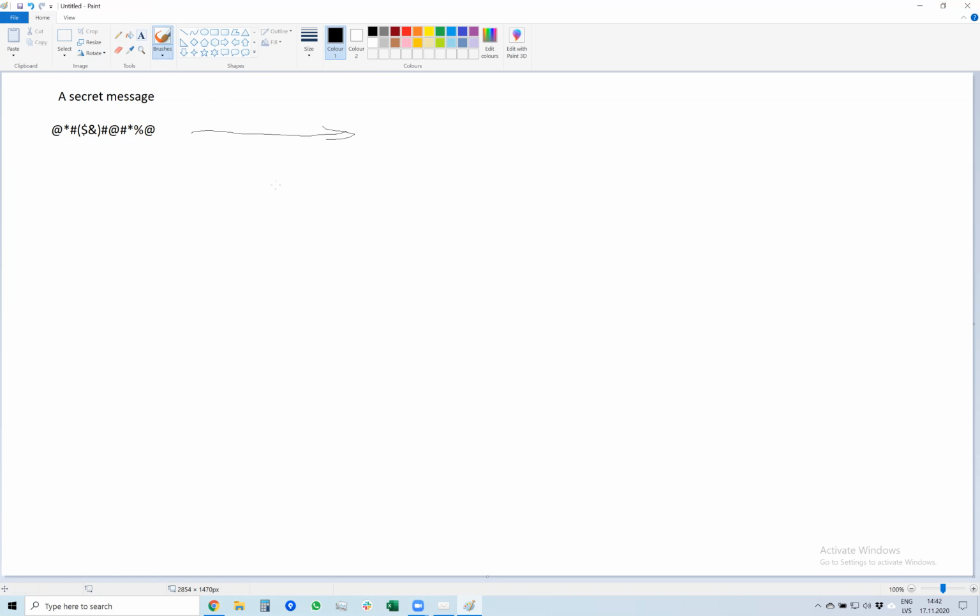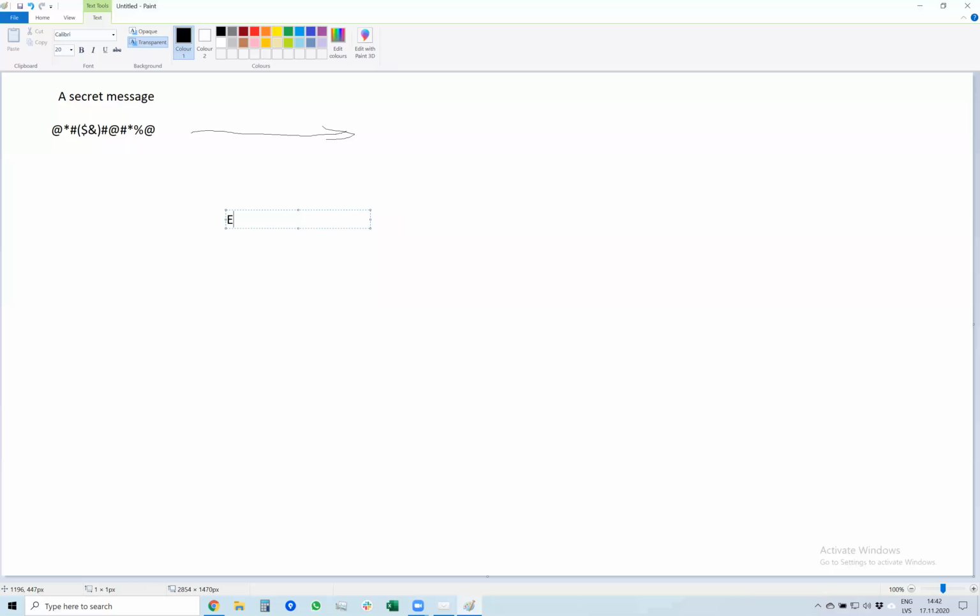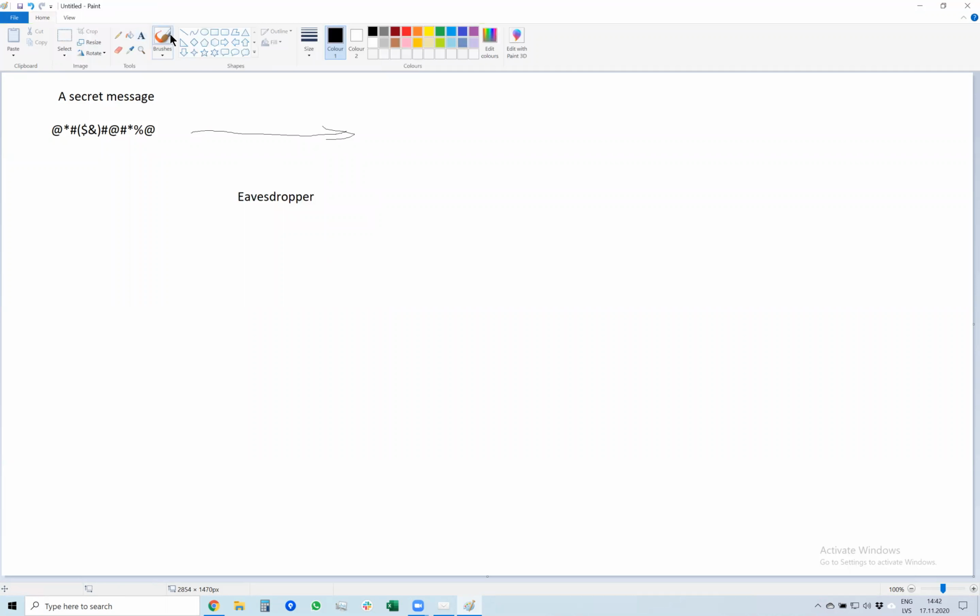send it encrypted such that an eavesdropper, a person who is listening to something they shouldn't be listening to, if the eavesdropper reads the message, he reads these symbols and doesn't know what the real message is.